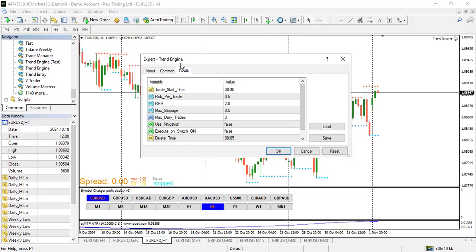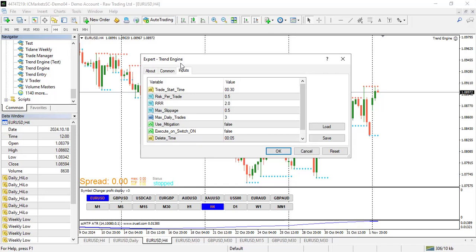I recommend you stay with the defaults, or just make sure that it's not too far away from whenever your broker allows you to start trading. So almost all brokers allow you to start trading around 0:30, but at the same time, I ran a backtest using 8 a.m. and it didn't really make much of a difference to the results.